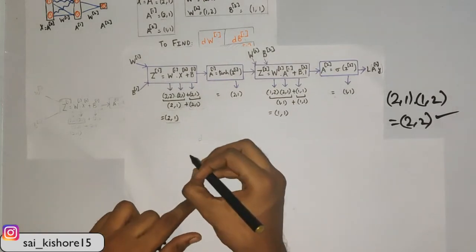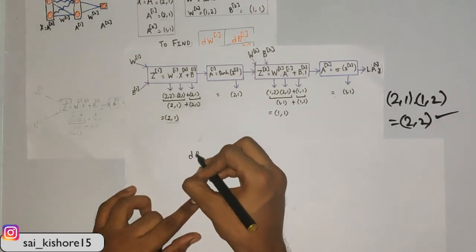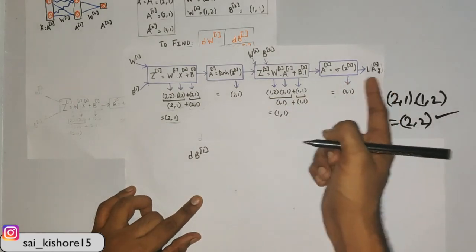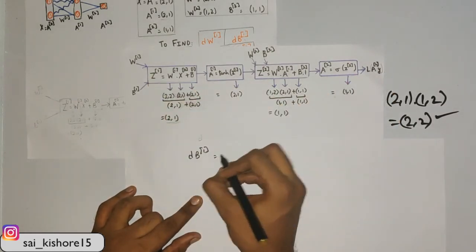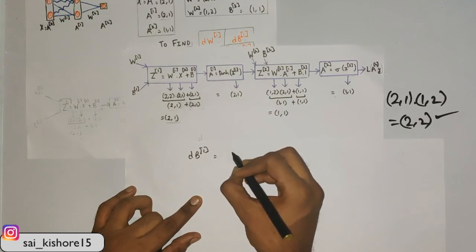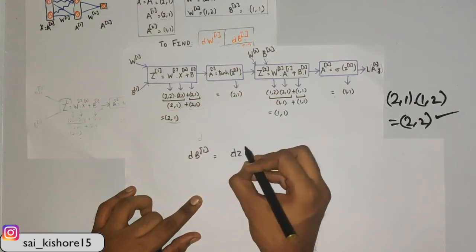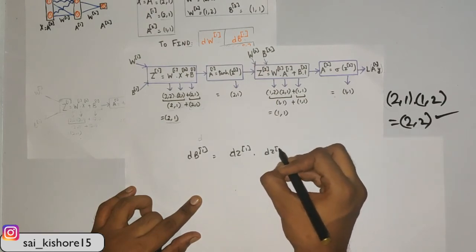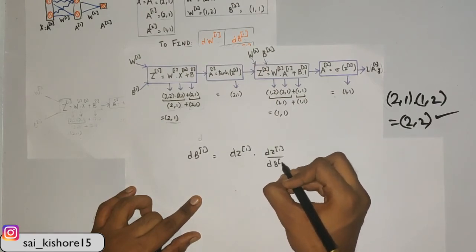So next step is to compute db1. db1 essentially follows the same path till z1. So you can write it as dz1 into, okay.